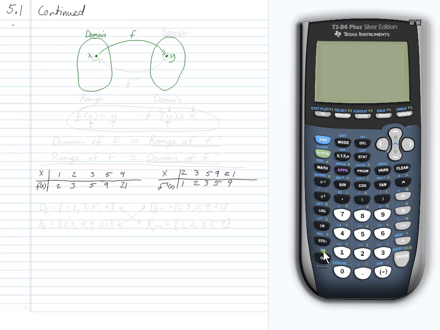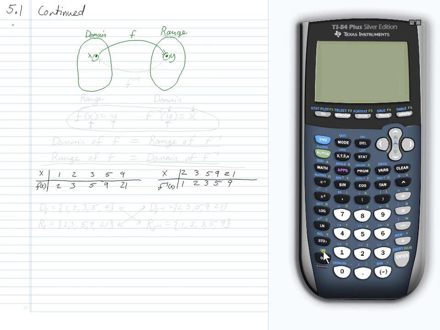Alright, now that y value is going to be in the range of f. Okay, and so far that's all that we've done. We've taken in x values, had our function do some work, and found y values associated with that x value.